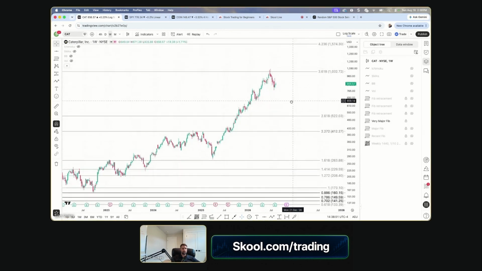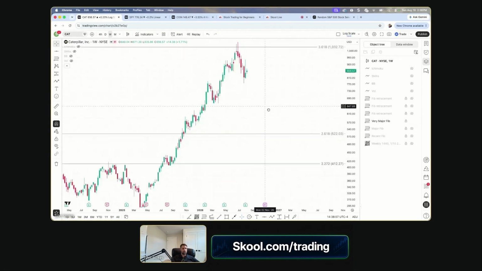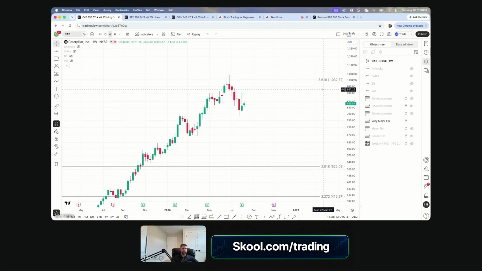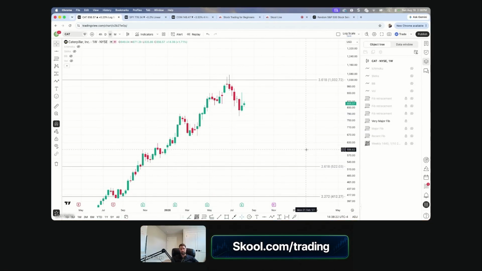This particular set of fibs is taken even further back, and you have another extension at 1500. But if we were looking at this fib right here, from 1000 to 522, that's quite a large range. A more recent fib might be able to give us some other support in that range.